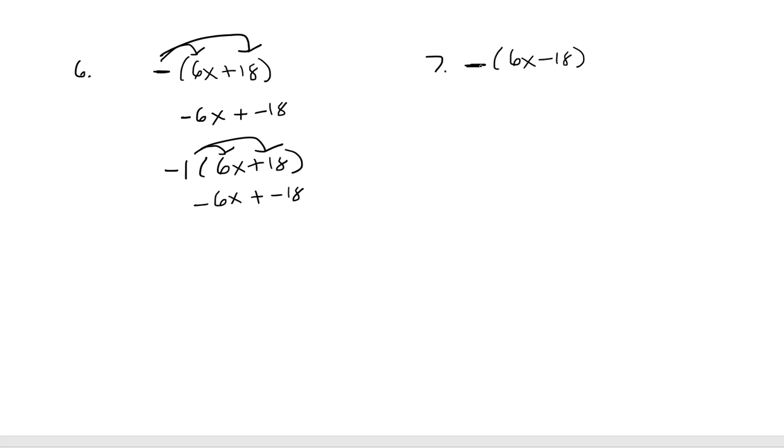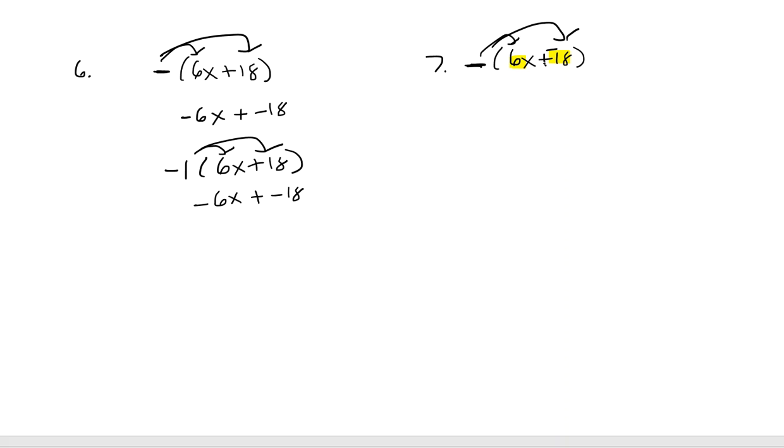So let's also look at number 7. We have a negative right next to a parenthesis. Inside the parenthesis, we have a 6x subtract 18, which becomes 6x plus a negative 18. And then when we distribute this negative to both of these terms, it's going to change both of these terms to their opposite sign.